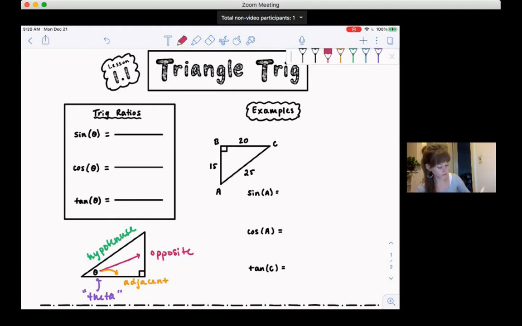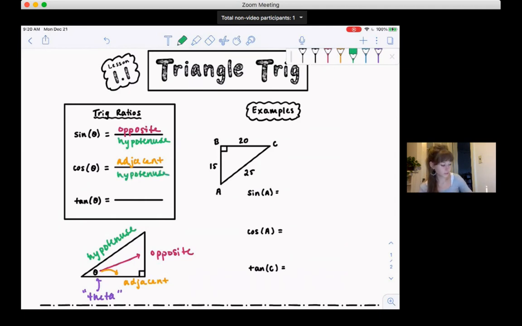Sine is defined as the opposite side length divided by the hypotenuse length. Cosine of theta is defined as the adjacent side length divided by the hypotenuse side length.